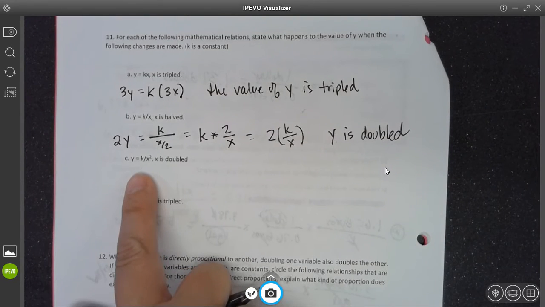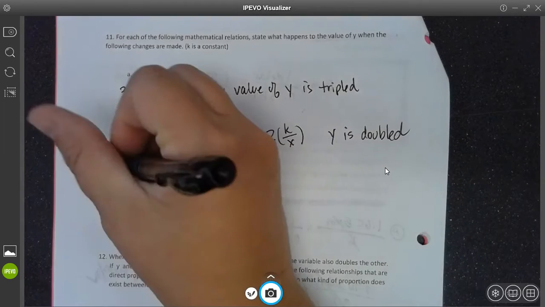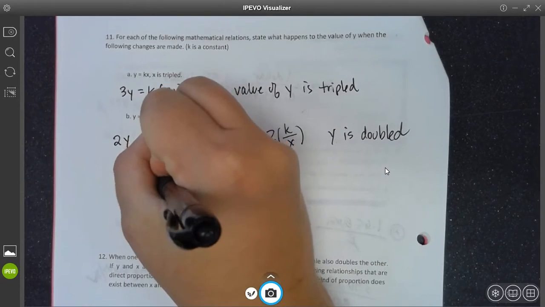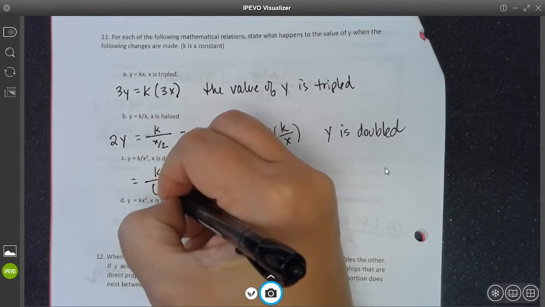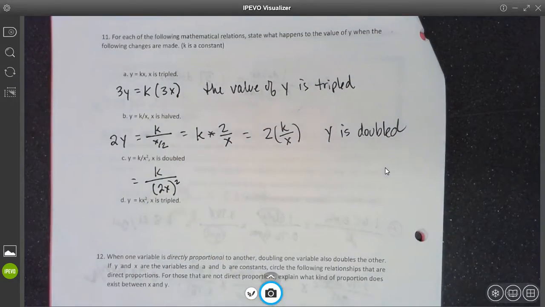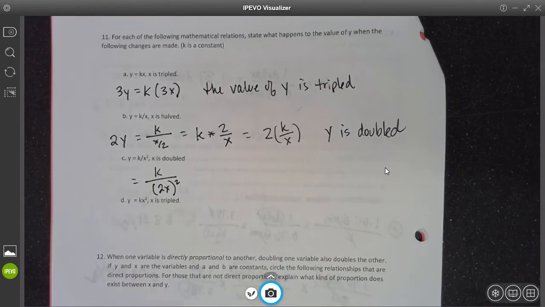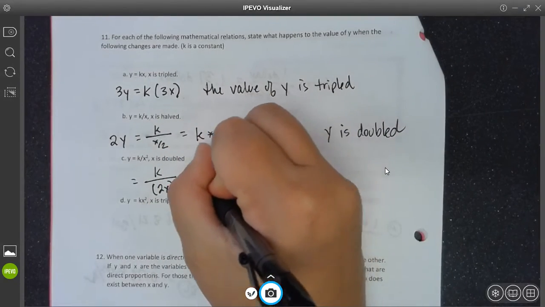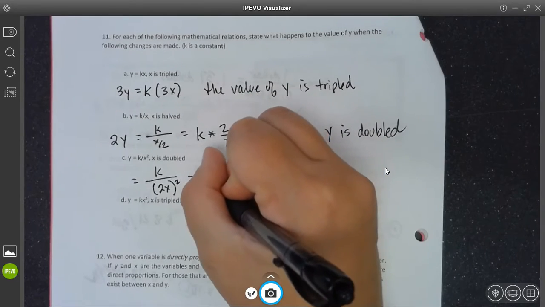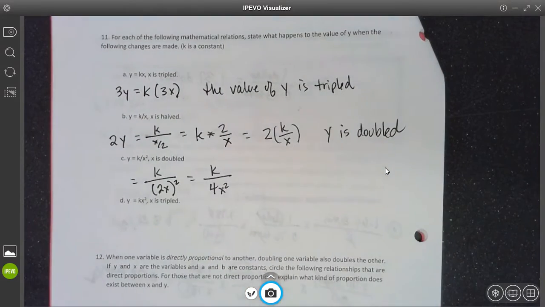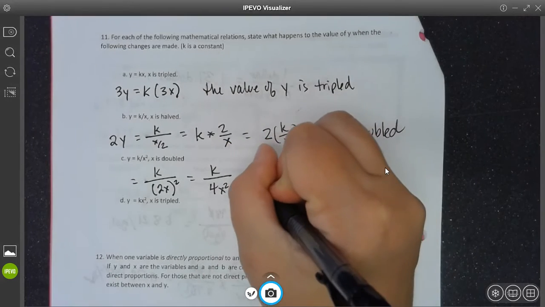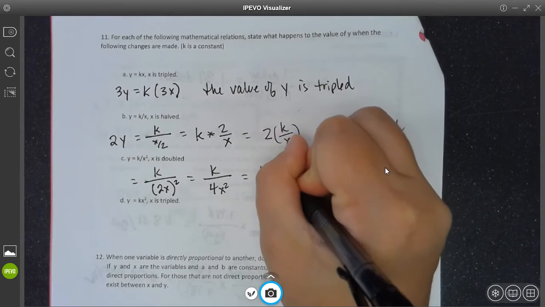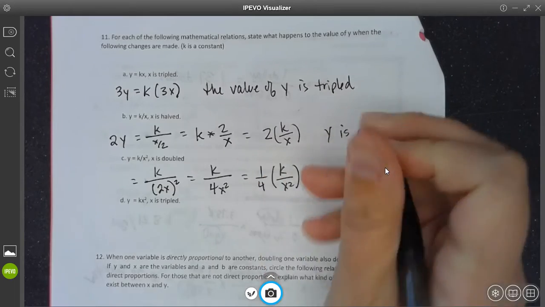It gets a little bit more complicated in C. What if you double x? Then what happens? All right, so I've got k and then 2x squared, right? So I'm going to see what happens here. K over 4x squared. So if I want to compare that to what I started with, it would be 1 over 4 times k divided by x squared.